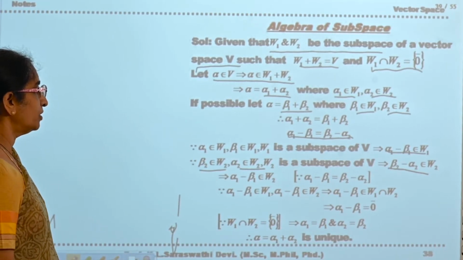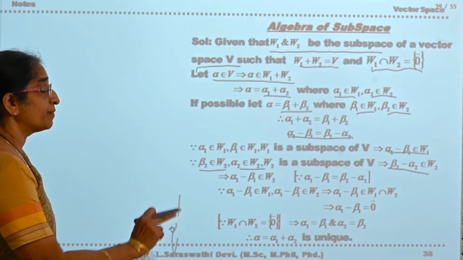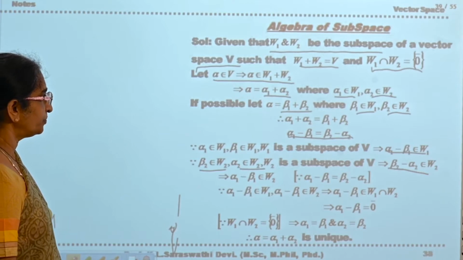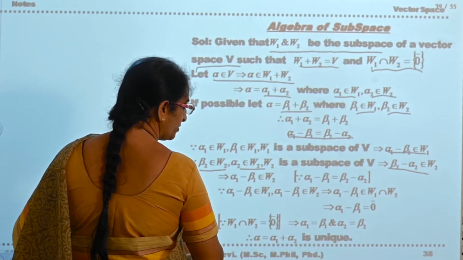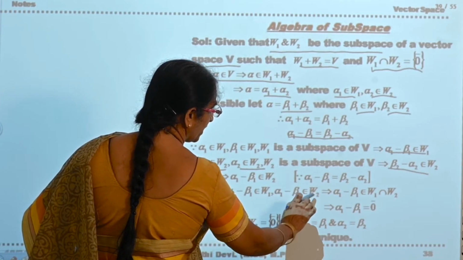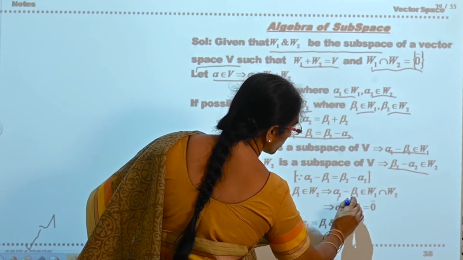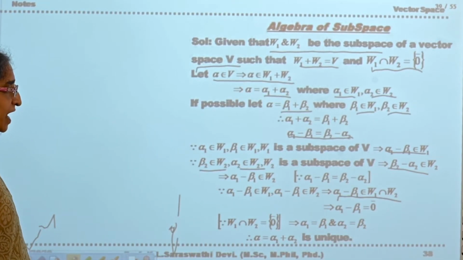Now alpha 1 minus beta 1 belongs to W1, and alpha 1 minus beta 1 also belongs to W2. Therefore, alpha 1 minus beta 1 belongs to W1 intersection W2. Will you accept? This is how you got it.